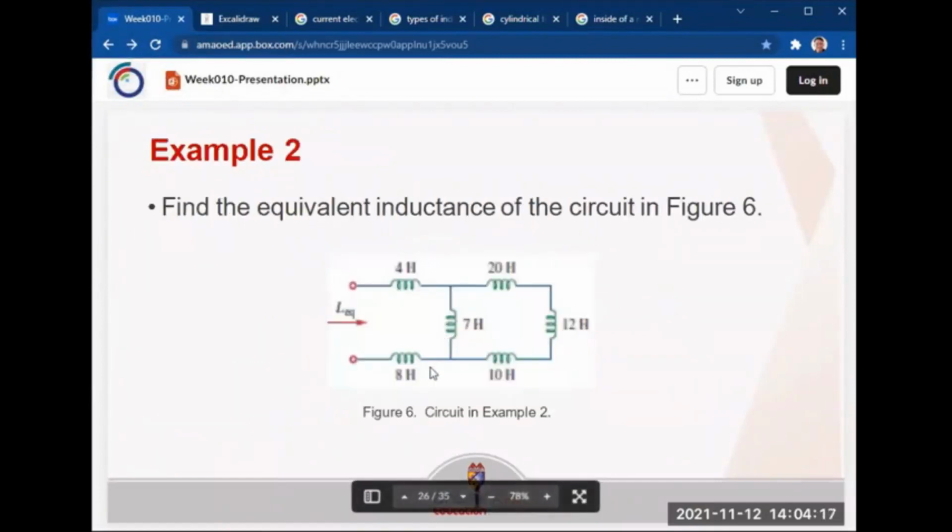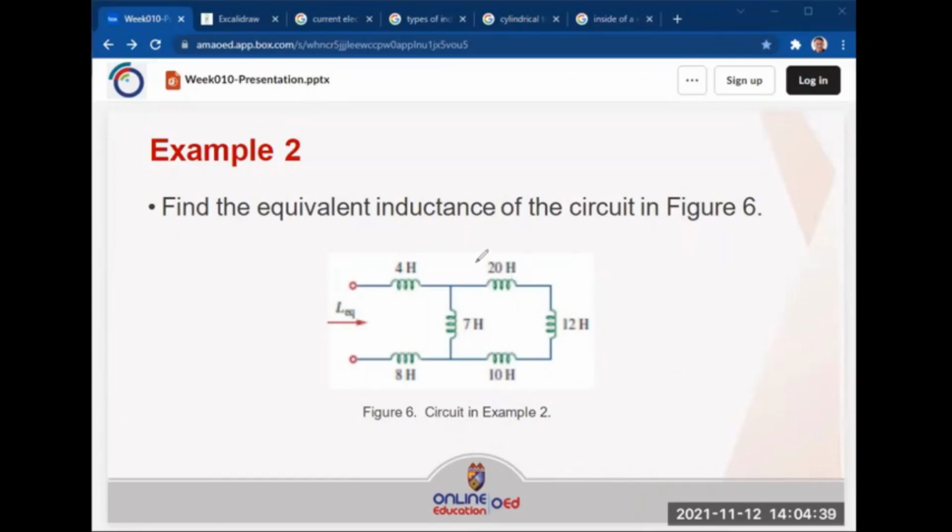So find the equivalent inductance of the circuit in figure 6. So we have this one. Same method. Start from the endmost, going backwards.